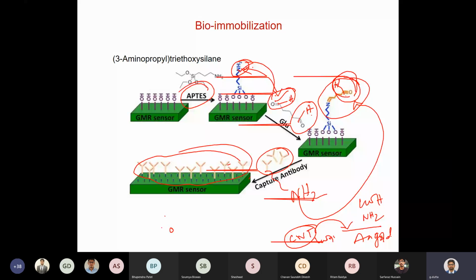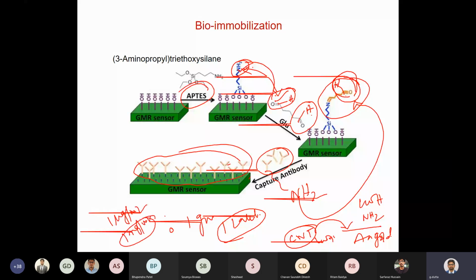But in your sensor, you are using 1 microgram per ml or 1 nanogram per ml, a very small volume. So with 1 gram, you can fabricate maybe around 10 to 50,000 sensor circuits. So when you count the price of each sensor, it becomes around 100 rupees, something like this.